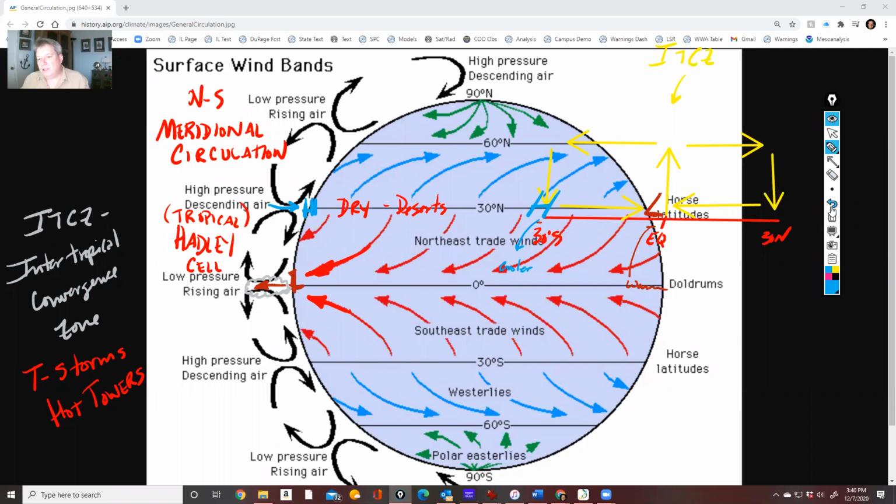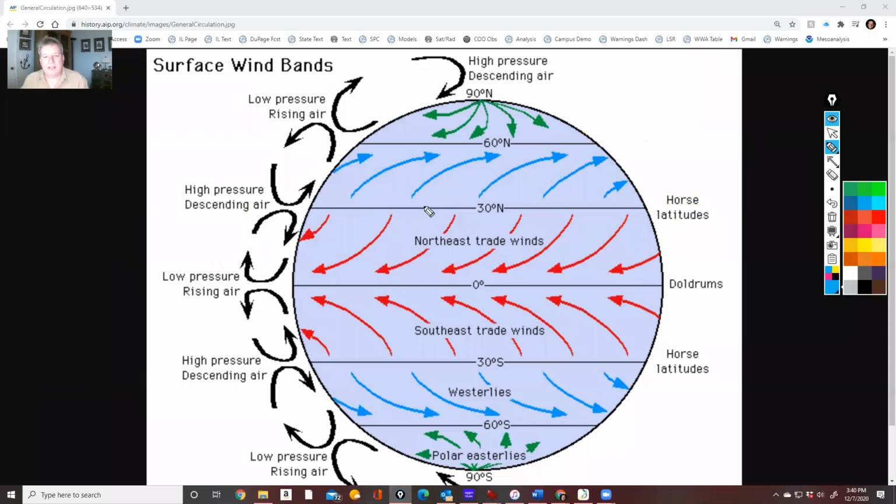So what I want to do, and I'm going to go ahead and erase this, is I want to say this is where I've got high pressure, and this is where I have low pressure. Okay? But in an El Nino, if I think of this as being the El Nino region 3.4 in here, this water in an El Nino is hotter, it's warmer than normal, which means my meridional temperature gradient from 30 degrees latitude to 0 degrees latitude, that north-south temperature gradient is going to be bigger.